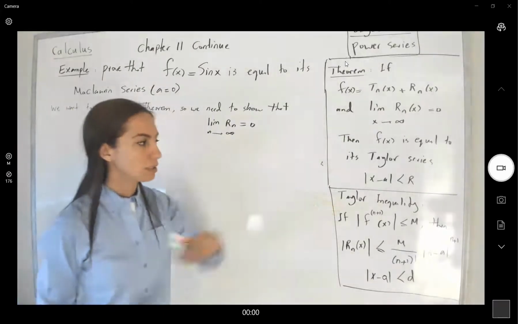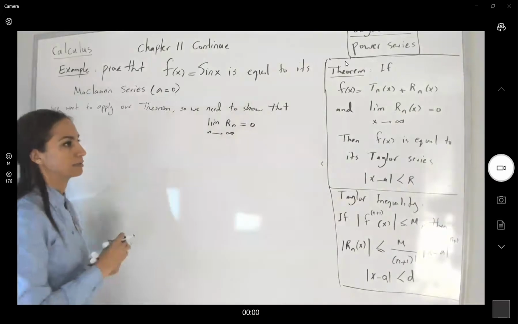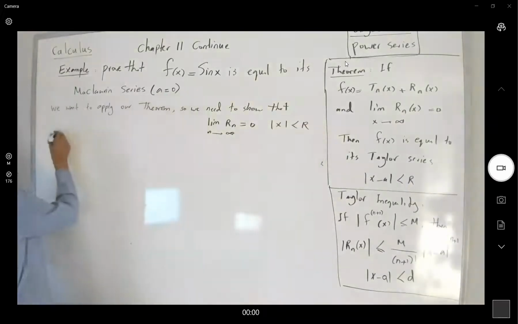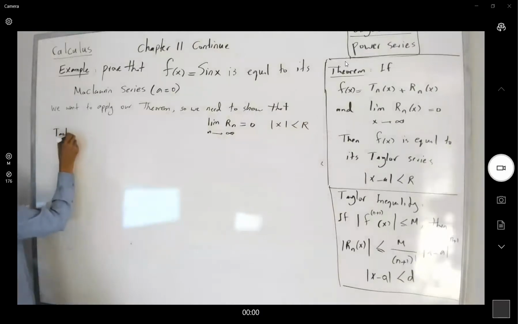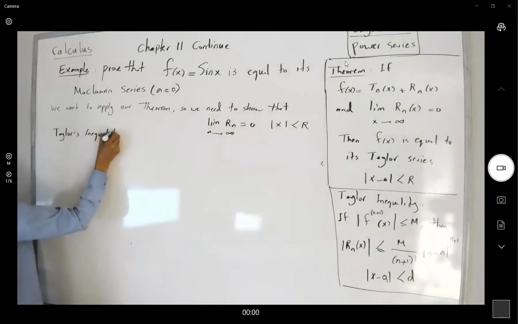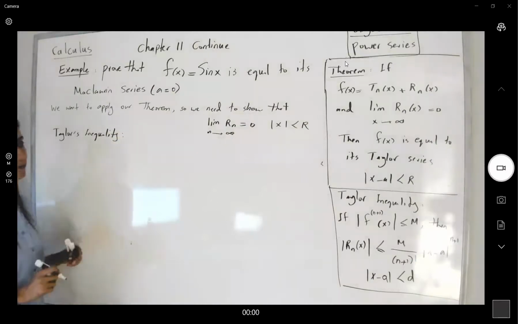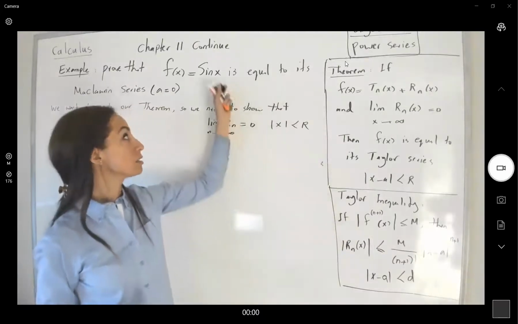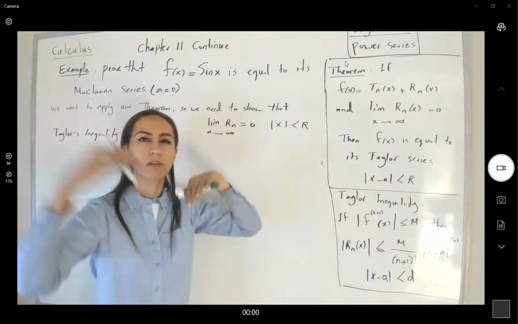So we need Taylor's inequality. Taylor's inequality says if the higher derivatives of the function sine x are less than or equal to a constant.